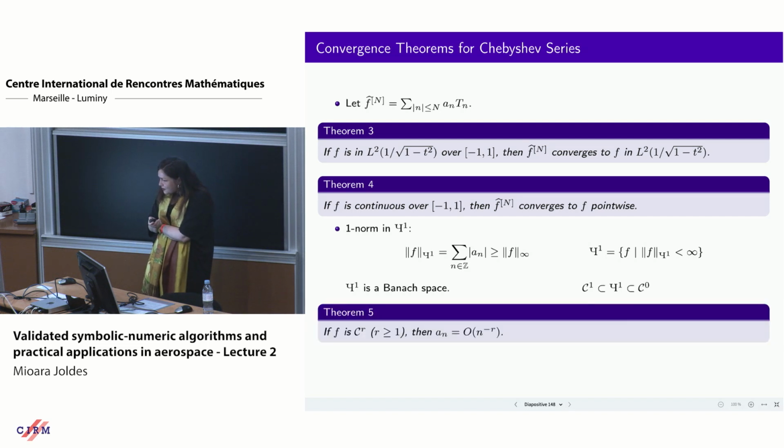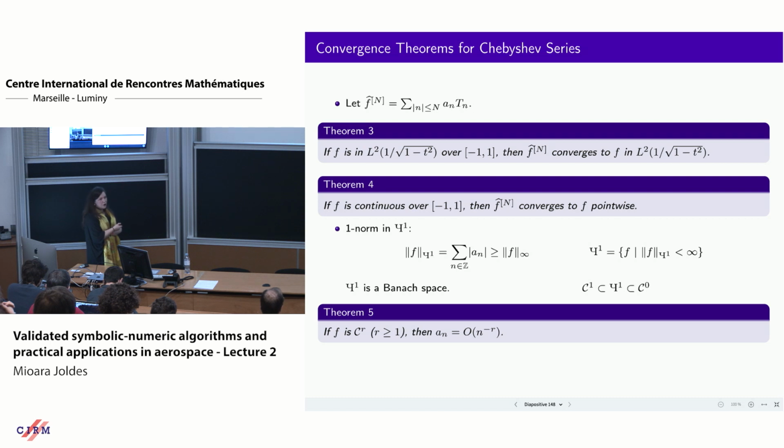If you are C1, then you are in 1 over n, as I said. And if you are better, you will have algebraic rates. And if you are analytic, then you will have similar convergence to Taylor, but with a better term.